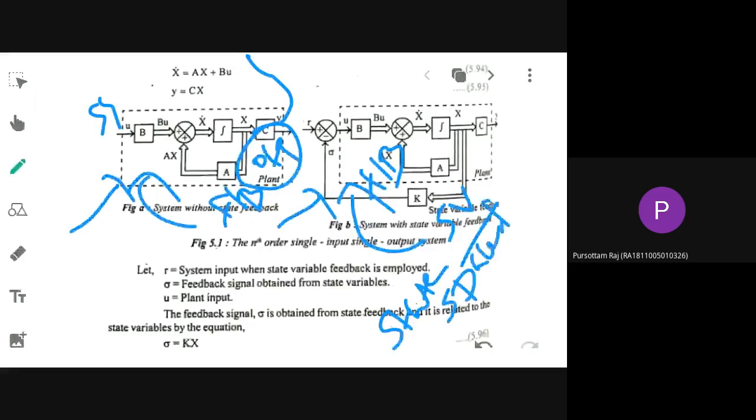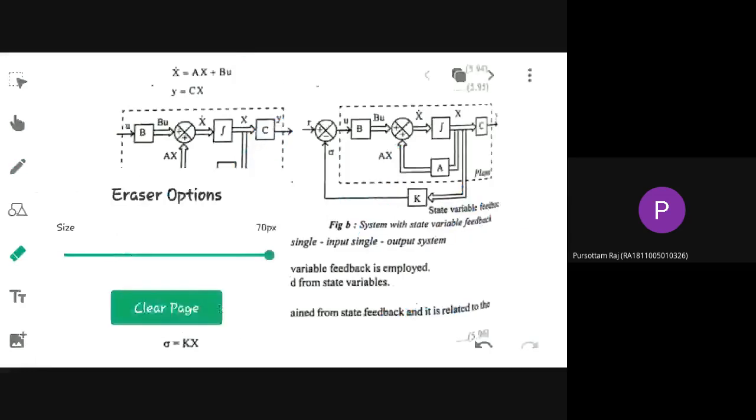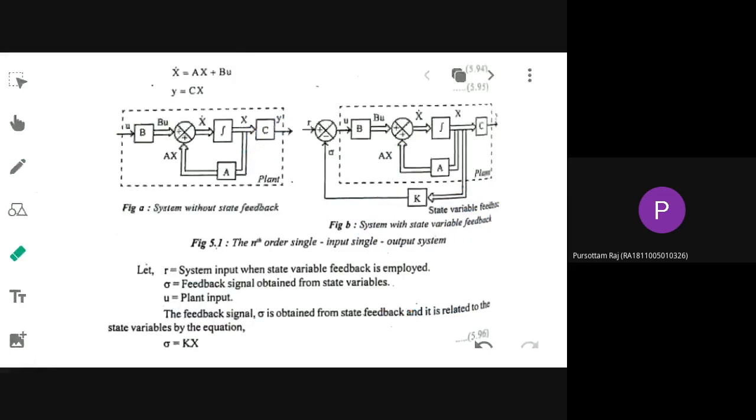Not only can the output be sensed and used as a feedback variable, you can also use all the measurable state variables as feedback elements. It is because you are taking the inner state variables, which are measurable, as the feedback signal. Suppose you have state variables that are not measurable but observable; those variables can be used through an estimator.